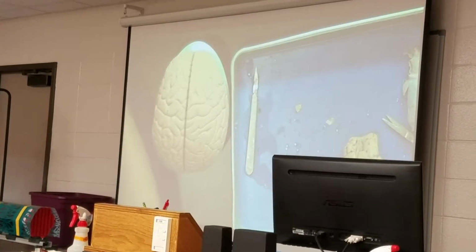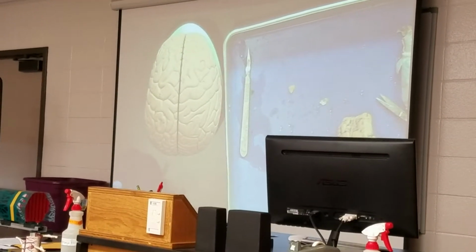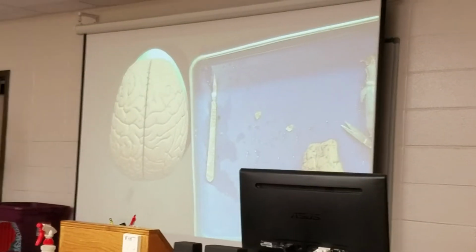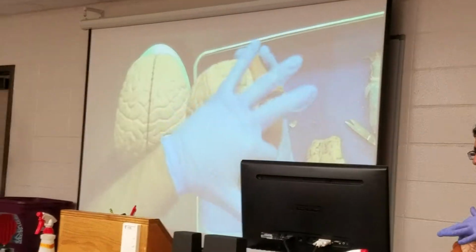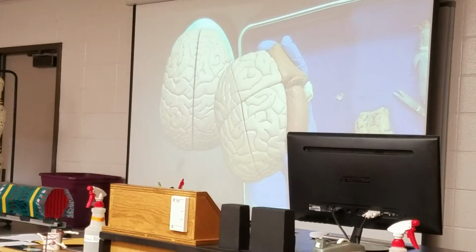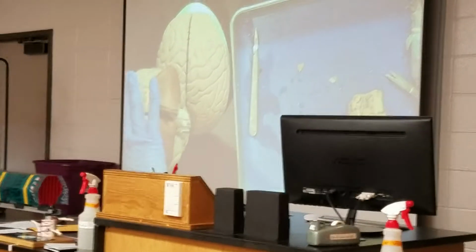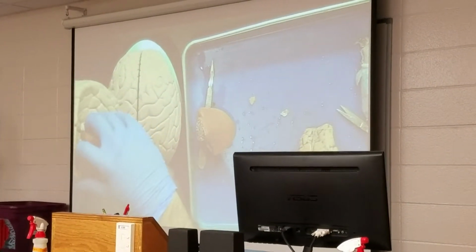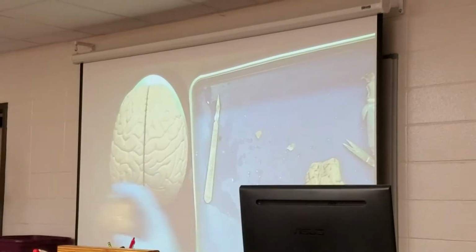And between the cerebrum and the cerebellum, this right here that separates the cerebrum from the cerebellum is the transverse fissure. Fissure is always deep, always remember that.